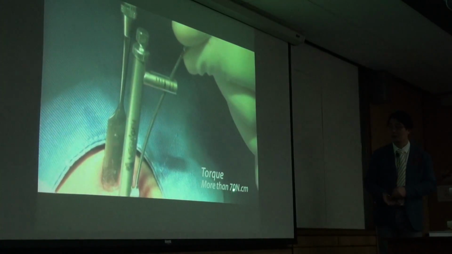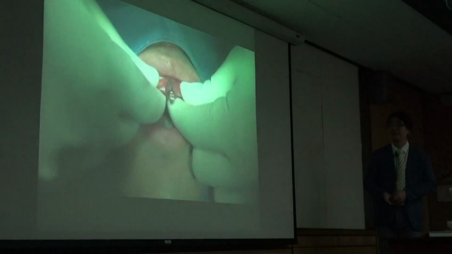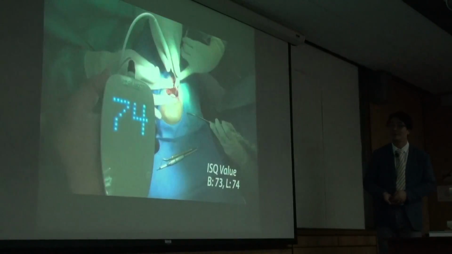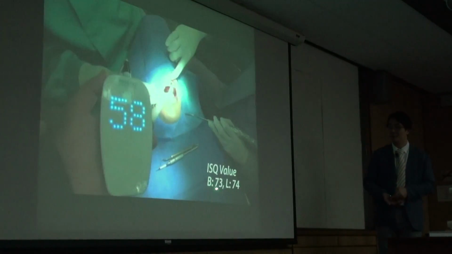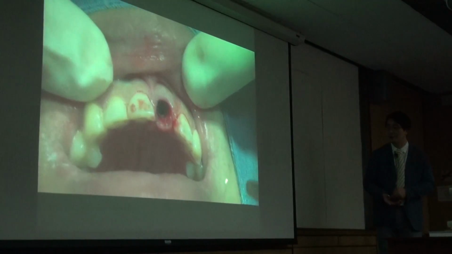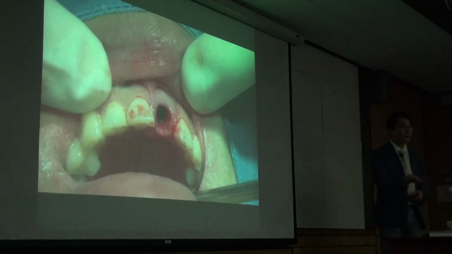Checking the torque, over 70 newtons. Checking the ISQ: 74, 73. It means hard bone, high ISQ, high insertion torque value. We can connect the provisional restoration.